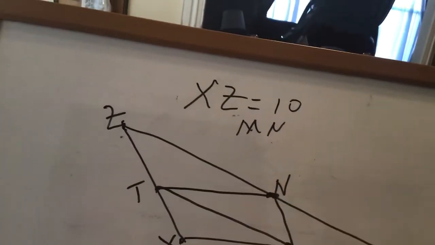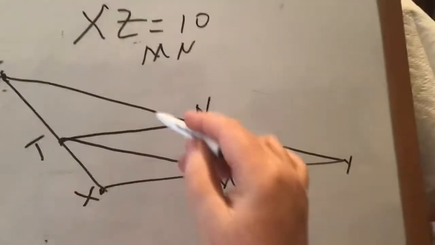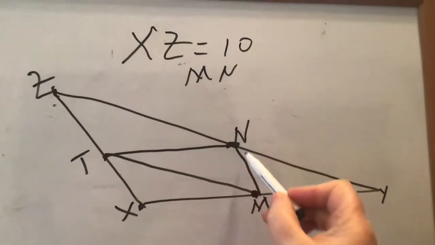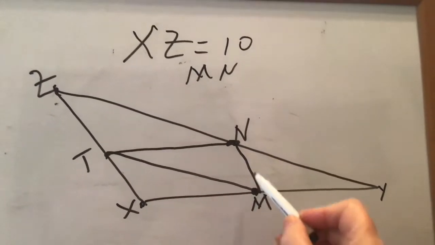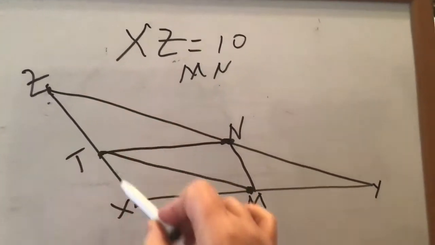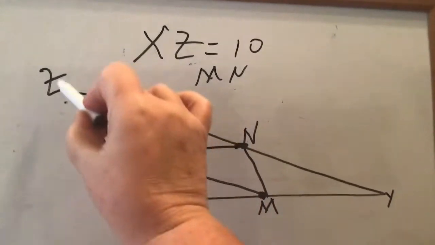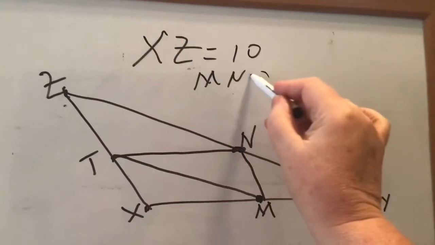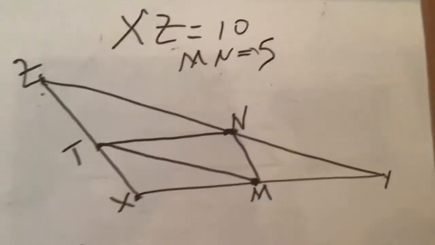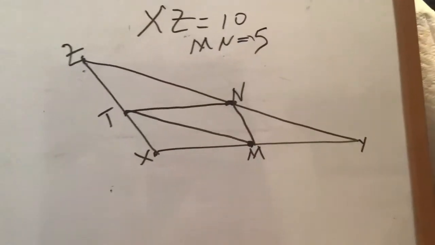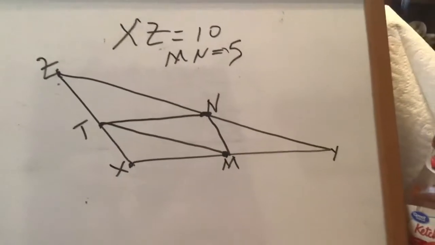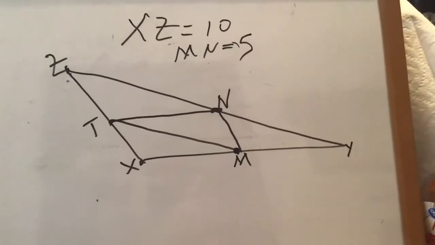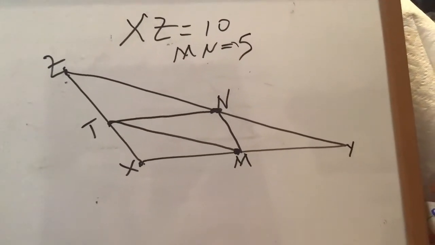So if we're looking at the big triangle, and this line is hitting midpoint to midpoint, then this line is parallel to this line, and this line is 1/2 of this line. So if XZ is 10, then MN is 1/2 of that, which is 5. So you have to see that that's the one that's going from midpoint to midpoint. Doesn't really look like it, but it is. It's supposed to be anyway.